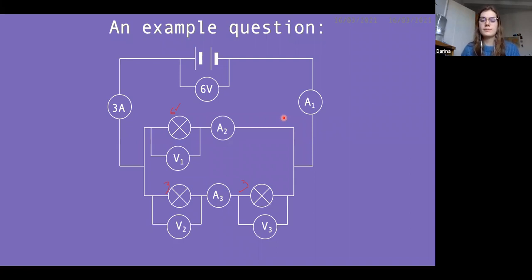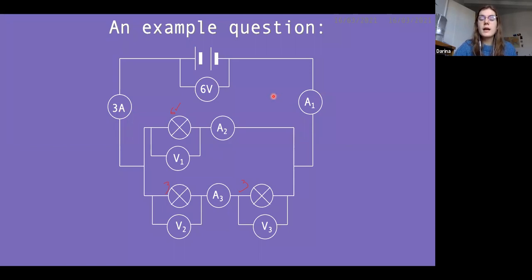What would the current be? It can be a bit of a guess. I'm allowing it. Any ideas? Well, that current would be the exact same as on the other side of the circuit. We've got 3A here. It will be 3A there.